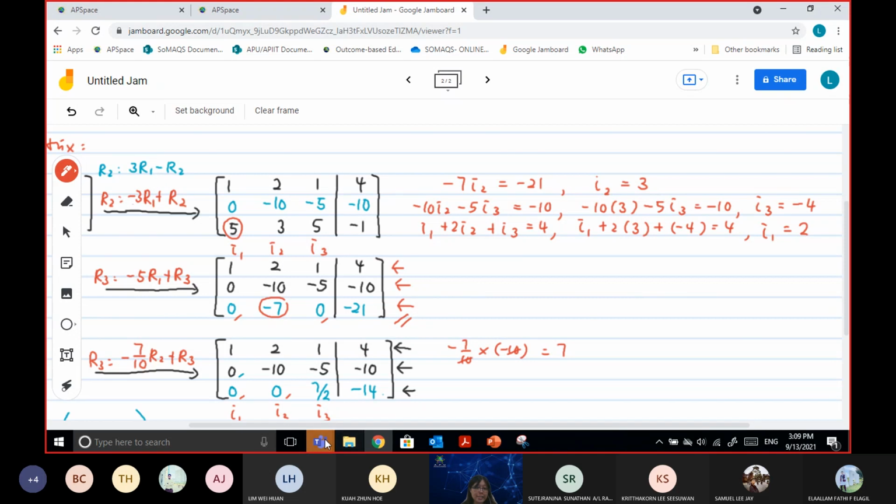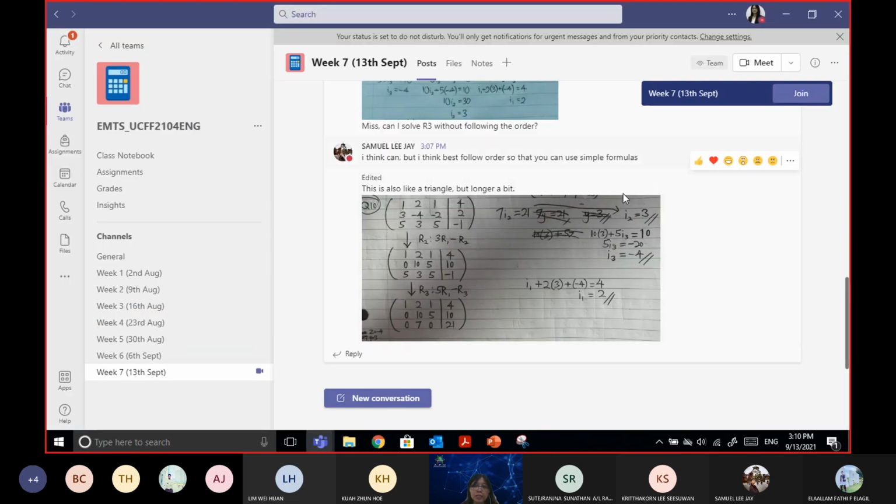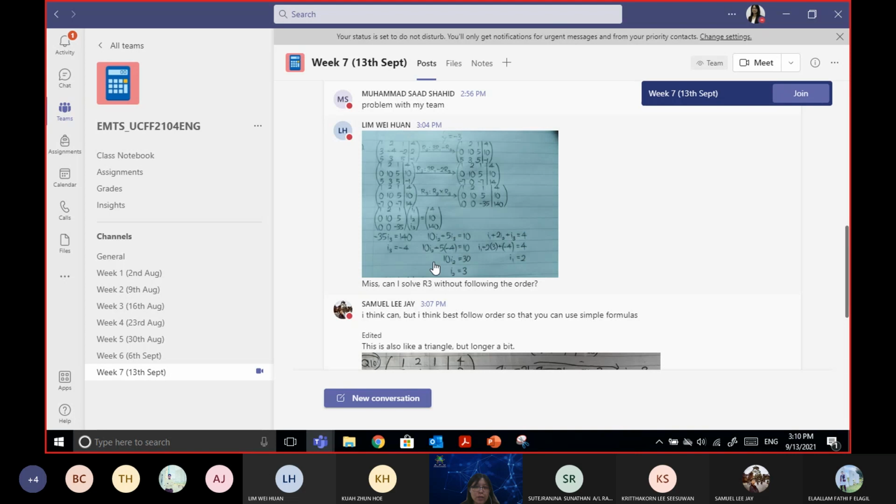Okay, so understand? Let me see what is posted in the chat box. Wei Huan asks, can I solve R3 without following the order?